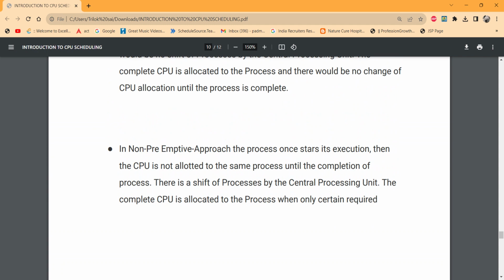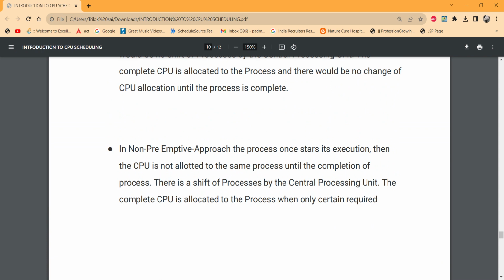Suddenly another process with higher priority comes. In preemptive mode, the process already working with the CPU will be kicked out, and the newly arrived process will be given the chance to work with the CPU. Similarly, if the time slice of a process is over, as I have told you in the concept of time slicing in round robin, that process will be kicked away, and the newly arrived process will be given a chance.